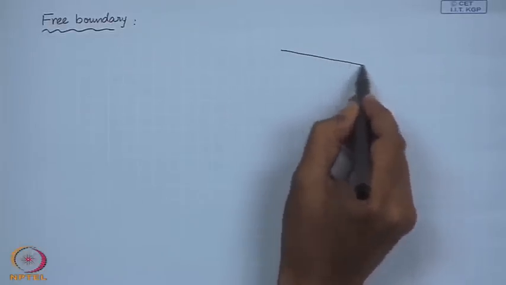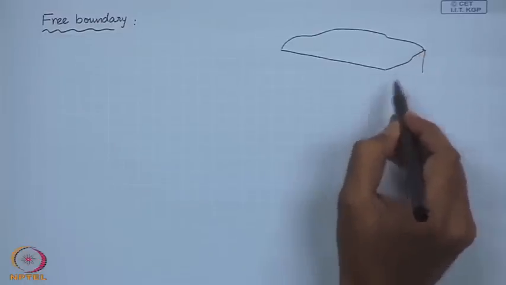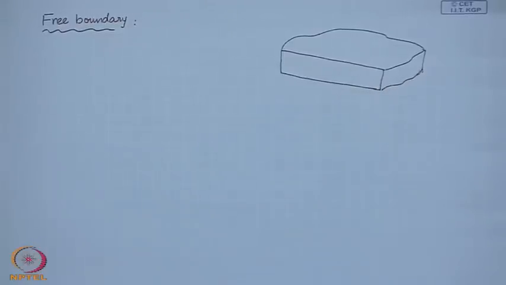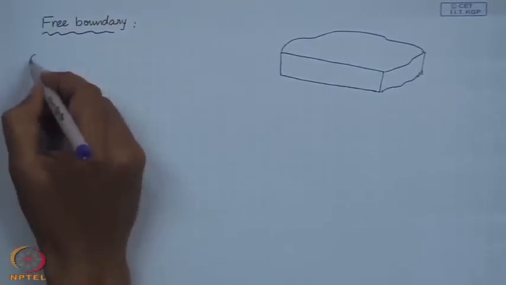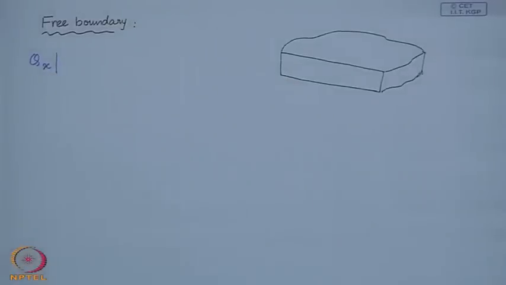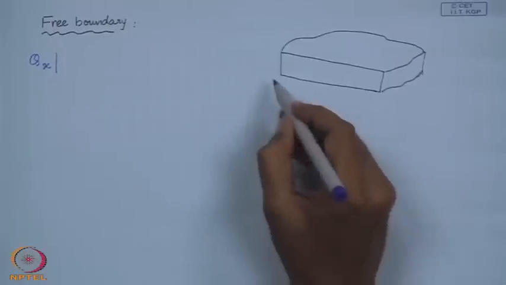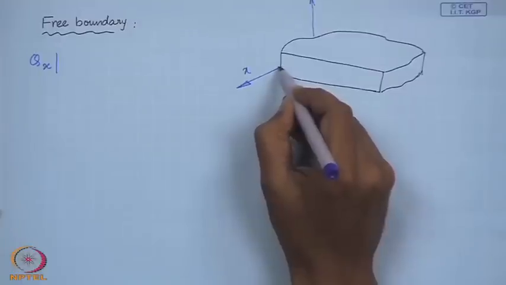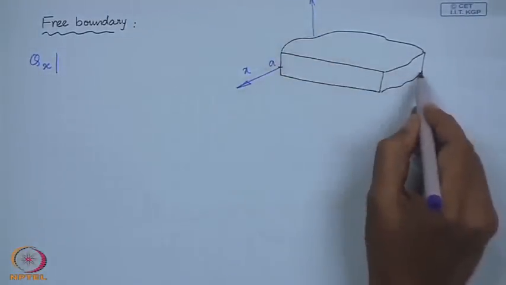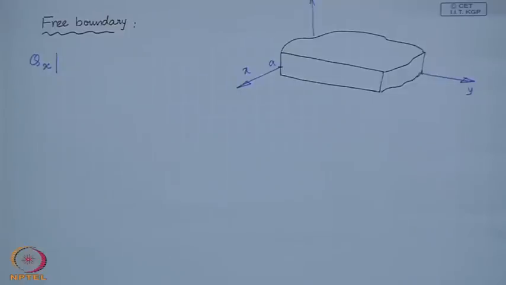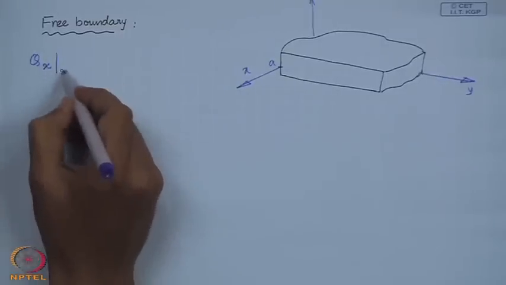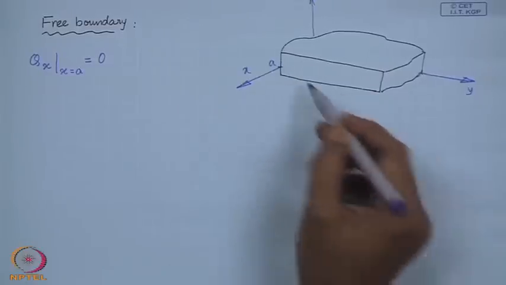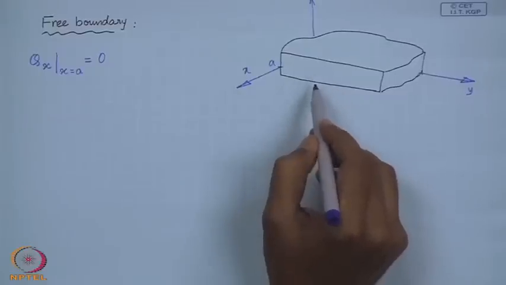If a plate has a free boundary, then intuitively we may guess that, suppose this boundary is at x equal to a, the shear stress resultant q x is going to be 0.